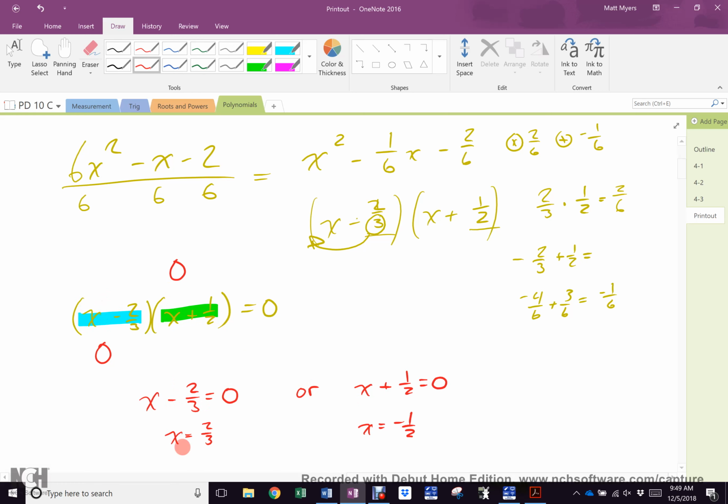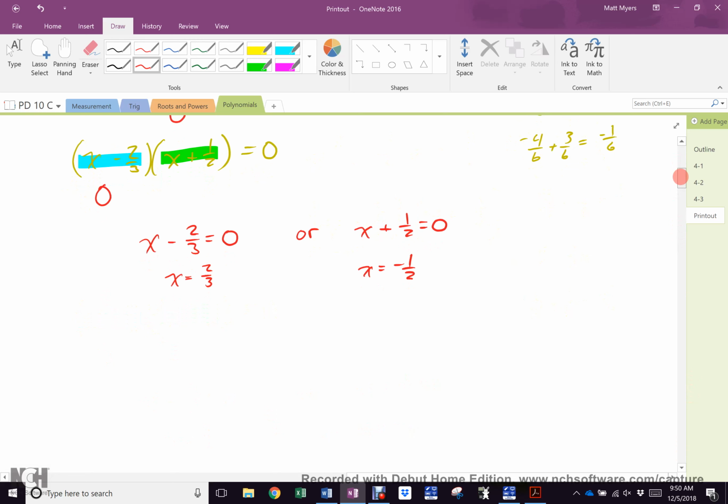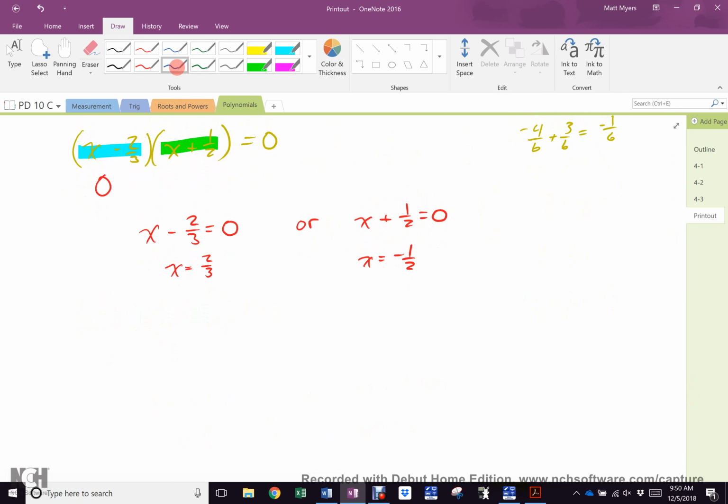Okay, so everybody sees how this works, right? All right, now watch. What do we know the right answer to this question is? We know that it's 3x minus 2 and 2x plus 1, don't we? We know that these two are the same thing because we just proved it, right? So, we also know that if this is 0 or this is 0, we're okay, right?